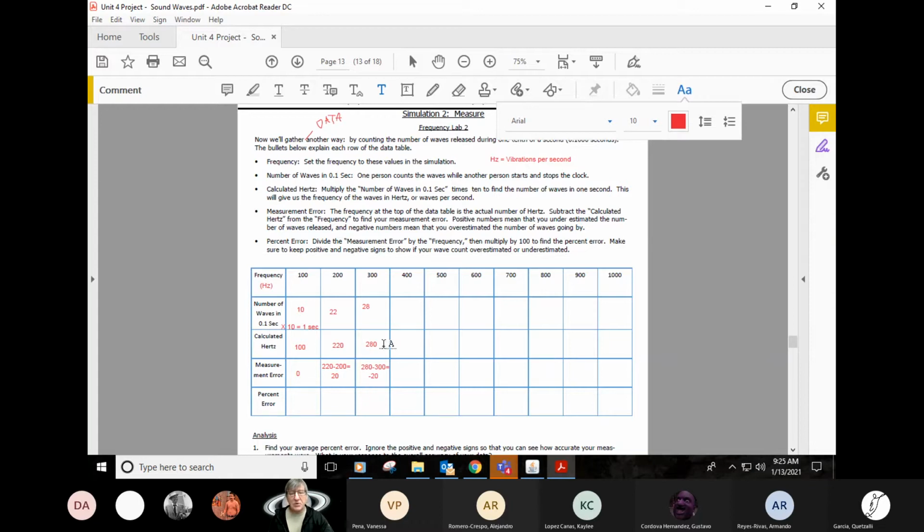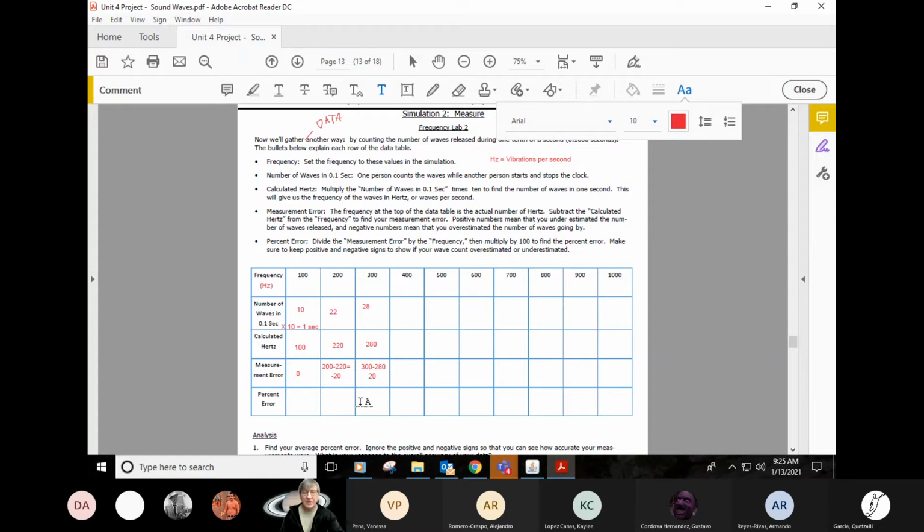So anytime you underestimated, you're gonna have, oh, I did it backwards, I'm sorry. I did both of these backwards. It should be the correct frequency minus yours. This should be a negative 20. This one I have to switch around to be 300 minus 280. This one's a positive 20.